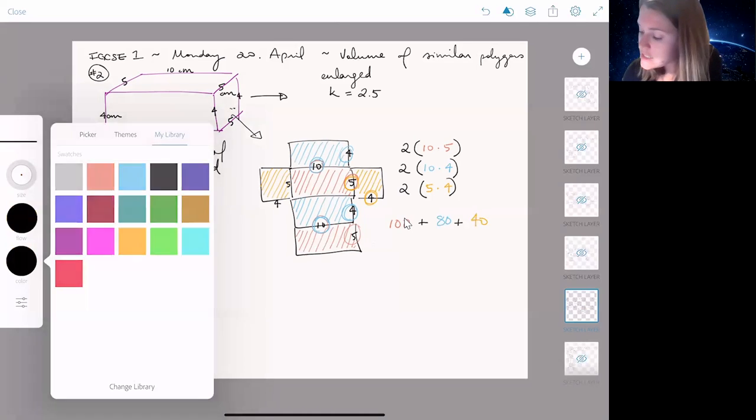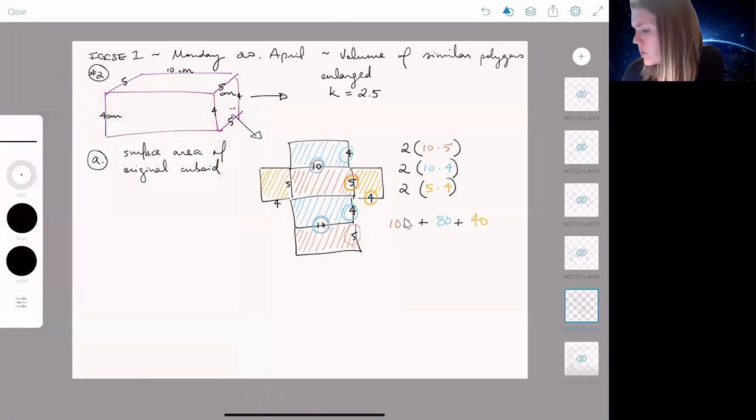Okay, so then I need to add all of these together. 100 plus 80 is 180 plus 40. Did I do my math right? I definitely got a different answer when I was doing this. No, that's right. So that'd be 220 centimeters squared for my surface area.